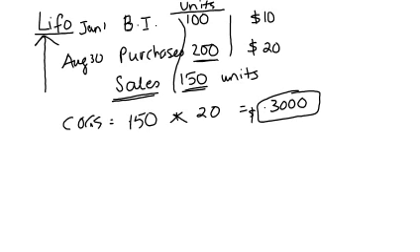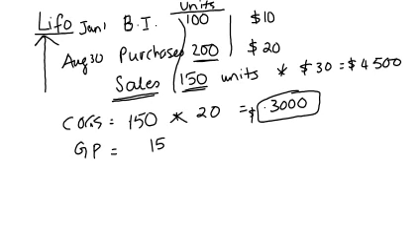Now the sales was at $30 per unit, so this is 4,500. Now sales minus cost of goods sold is the gross profit, which equals 1,500. And the ending inventory is 50 units from this lot remaining because 150 went here.